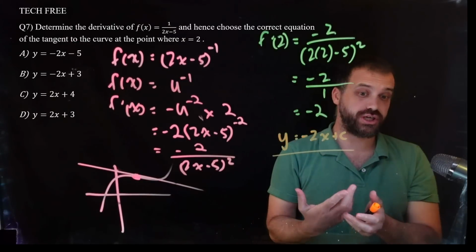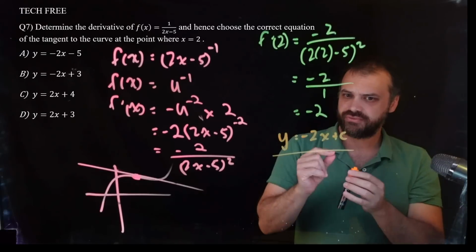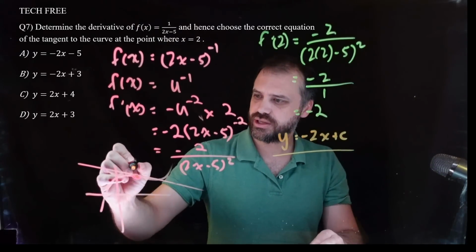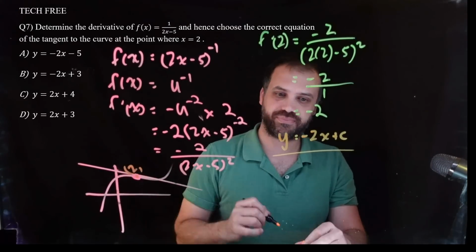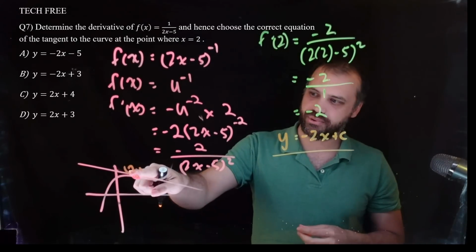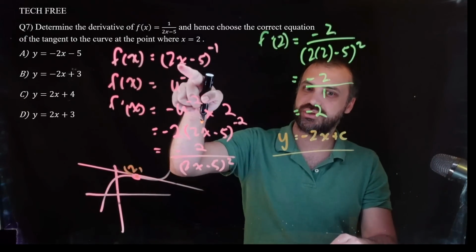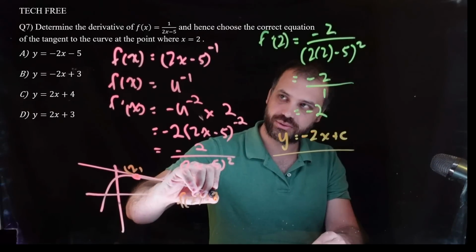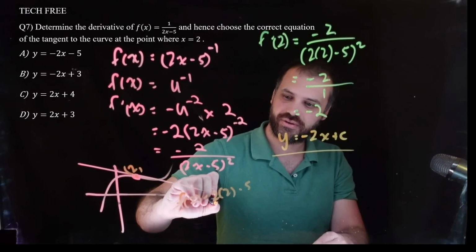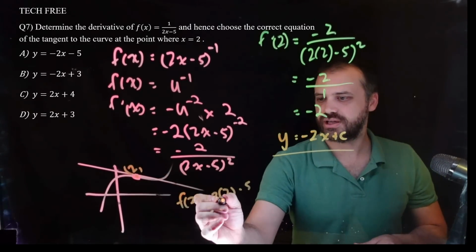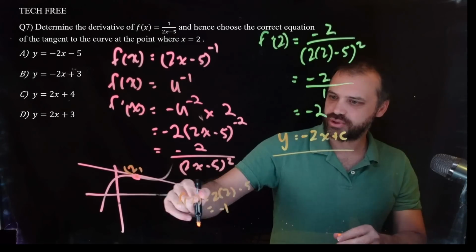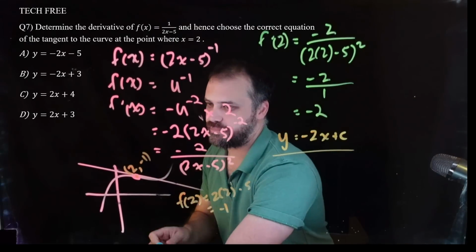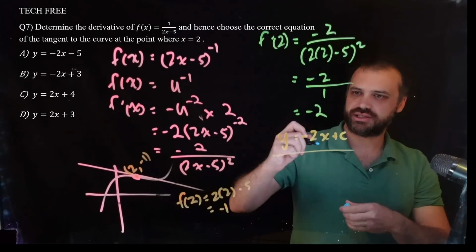I don't know which yet. But if I knew a point, so I know that this point here is 2, something. So let's find out what that point is by subbing 2 into the original function. So f of 2 equals 2 times 2 minus 5, so 4 minus 5, negative 1. Okay, so that point there is 2, negative 1. And I can now sub that point, 2, negative 1, into this.